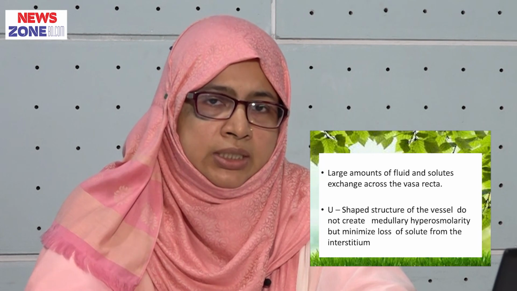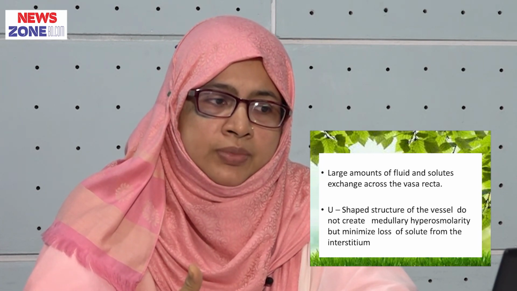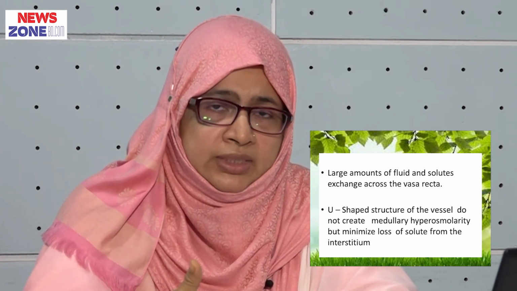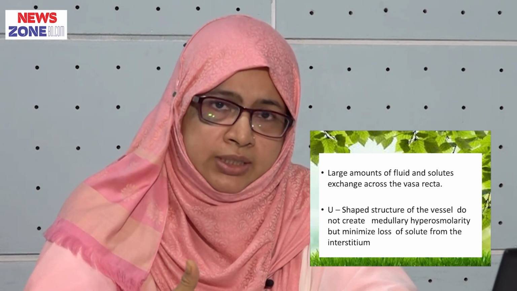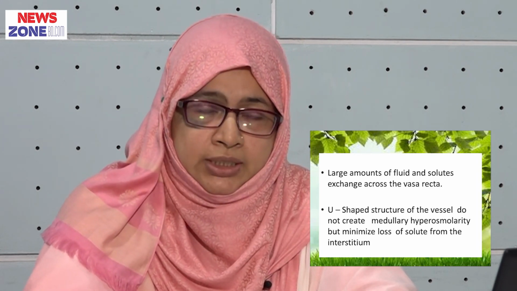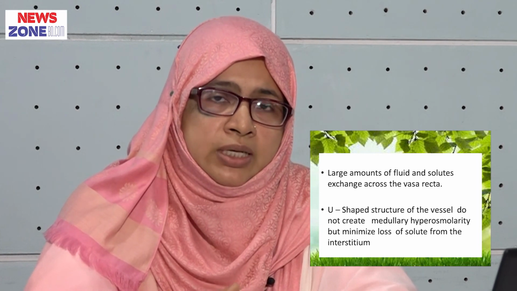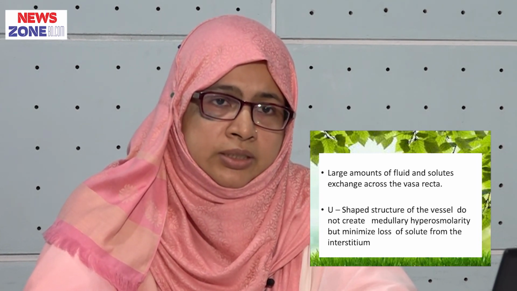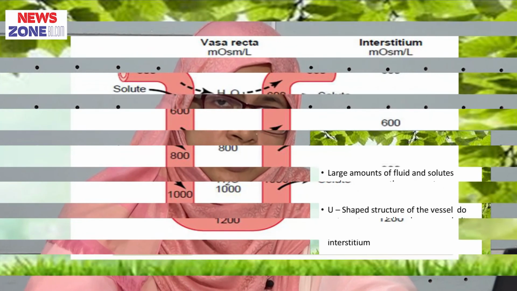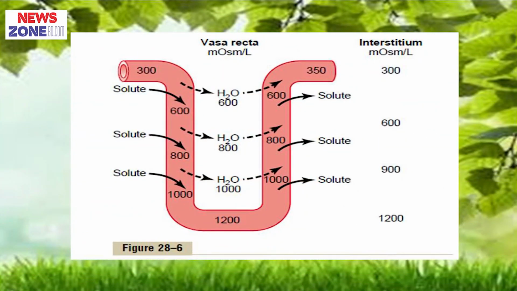So at the end, we see the vasa recta carrying the blood has the same osmolarity as before, about 350 or 300. In this way, the osmolarity of the blood is preserved and the interstitial hyperosmolarity is also preserved, because it does not carry out the solute from the interstitium. It just exchanges the solutes in when it descends and solutes out when it ascends, but it carries the water with it.